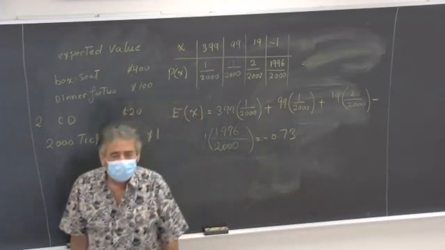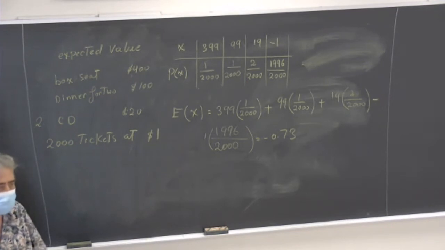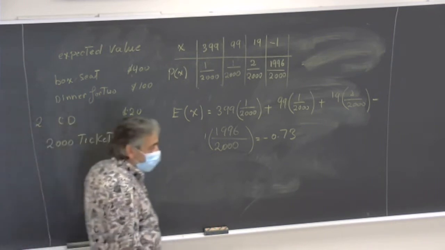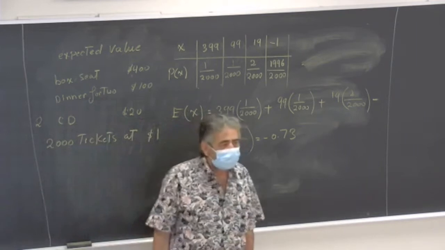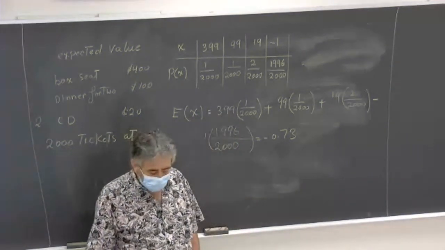Or the person selling the raffle ticket will make 73 cents on average for each ticket, depending on how you're looking at it, from which perspective. Yes? Any questions? No? All right.